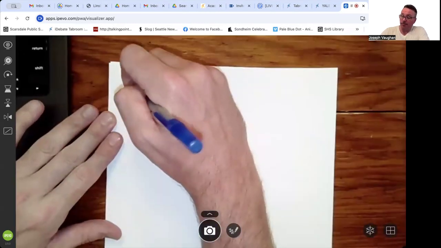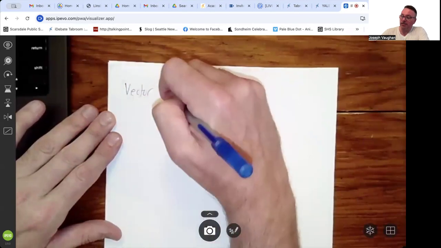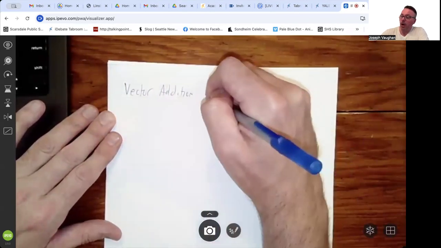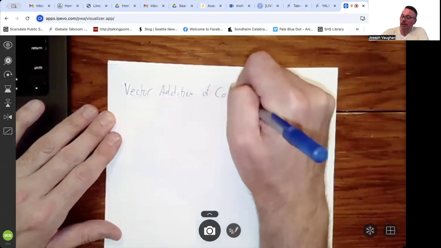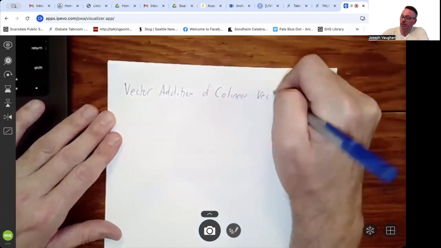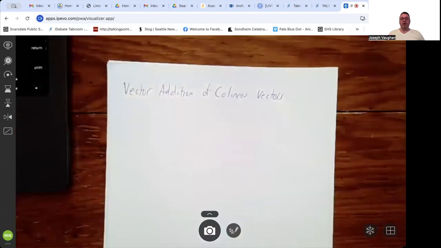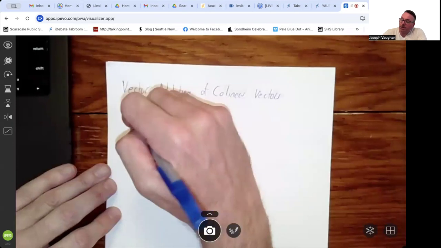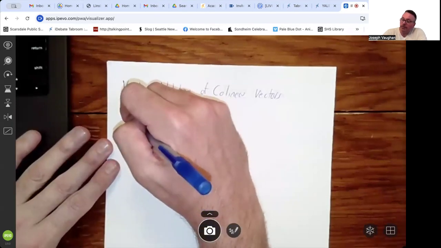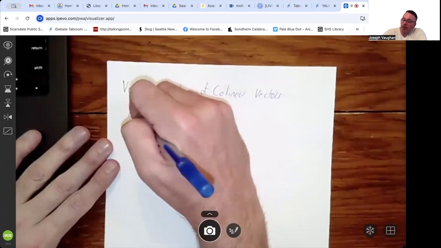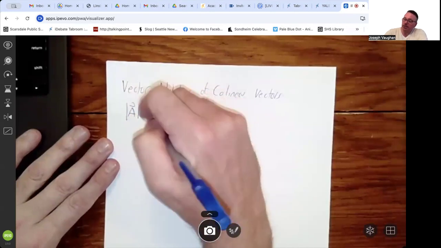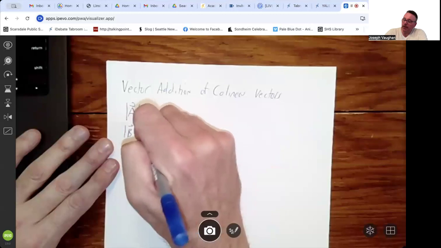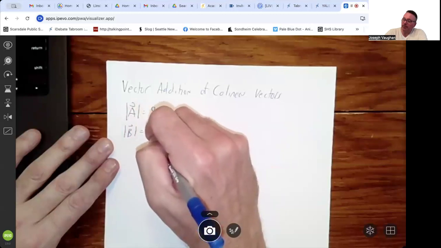And so what I'm going to talk about here is vector addition of what are called collinear vectors. Right? So let's say I have two vectors, A and B, but all I know is their magnitudes, 8 meters, and B is, I don't know, 6 meters.